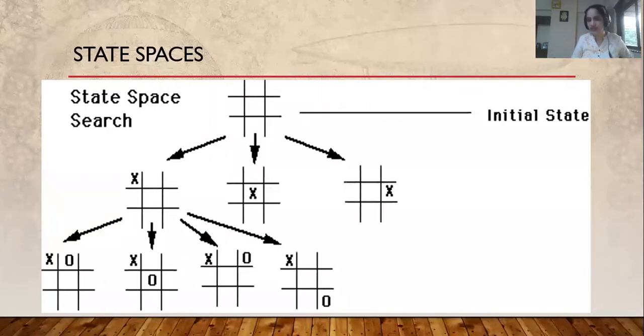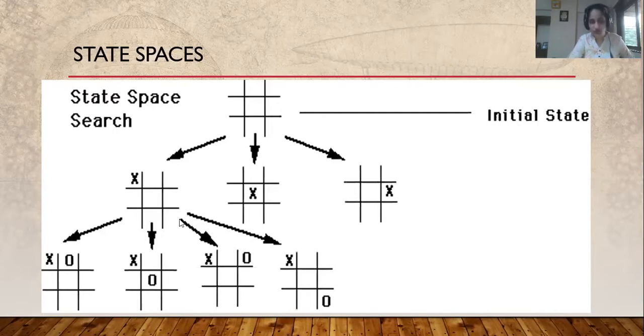Yes, 9 different states are possible, so the very first level of branching is 9. Why? Because X can be over here, or here, or here. Second, X can be here, here, or here. Third, so this is already first, second, third, fourth, fifth, sixth, seventh, eighth, ninth.